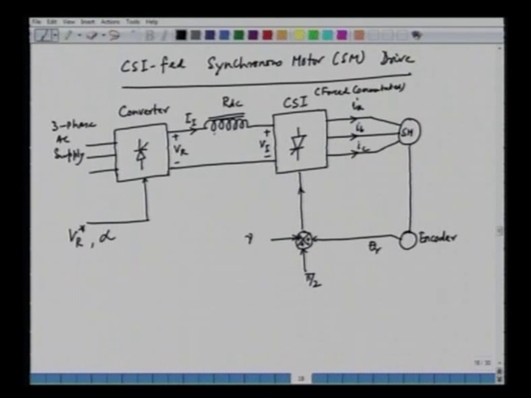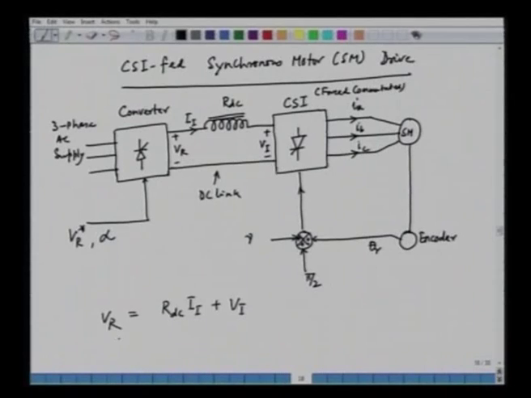Now, in this DC link, this is our DC link, we can say here that VR, the applied voltage, is equal to RDC into II plus VI. This is Kirchhoff's voltage equation, and we can multiply this equation by II.